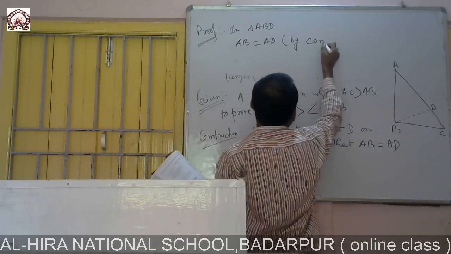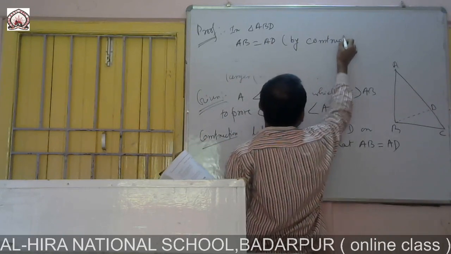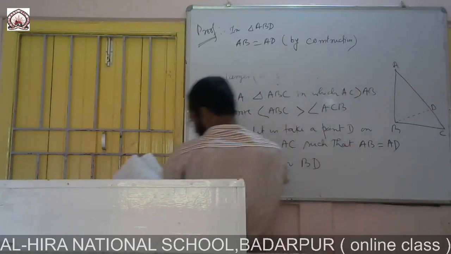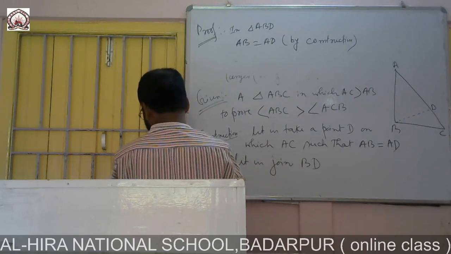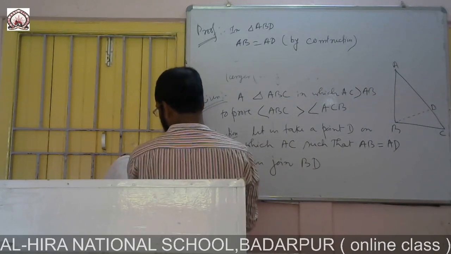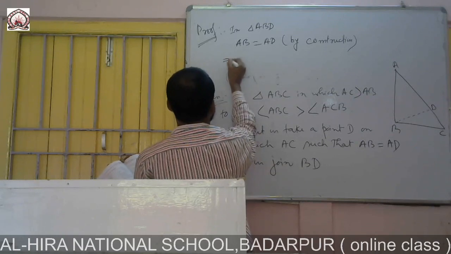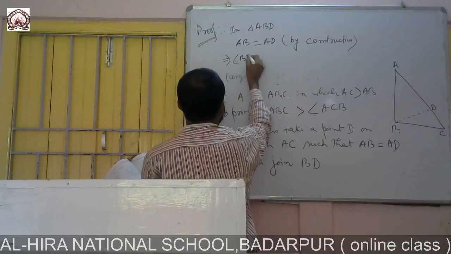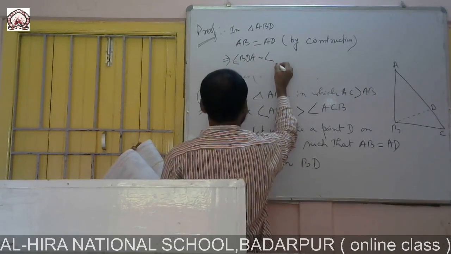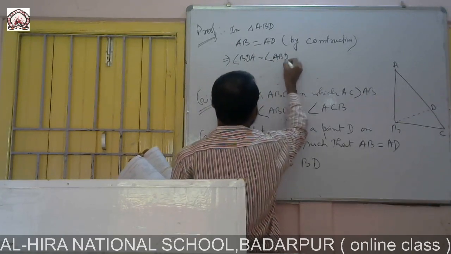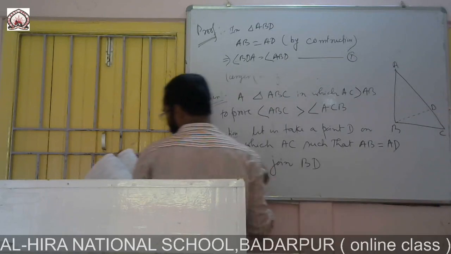We are constructing this. AB is equal to AD, and angle BDA, this means angle BDA is opposite to the side AB, and angle ABD is opposite to AD. This one you give 1. Why am I writing here?